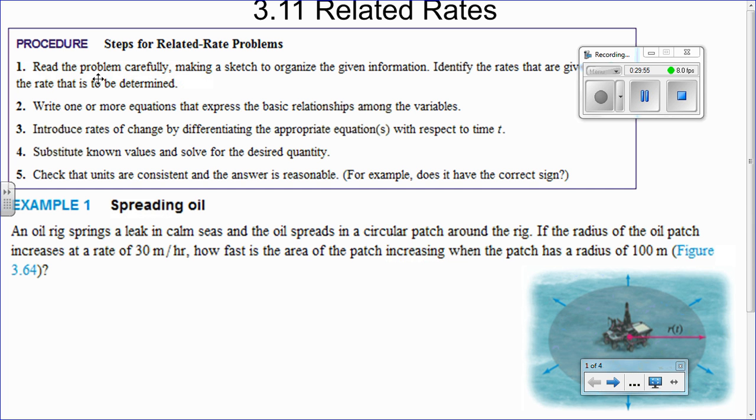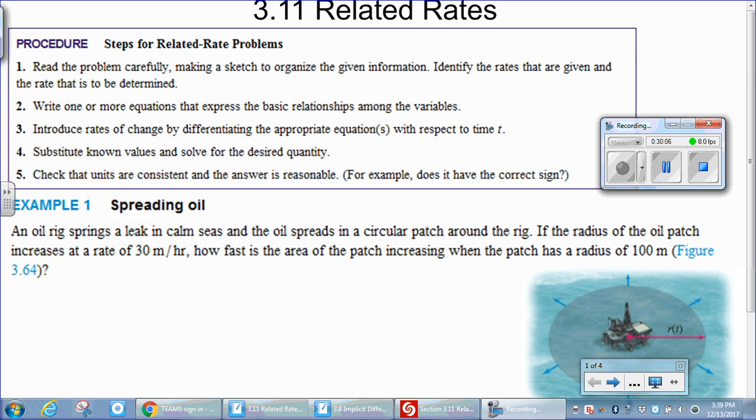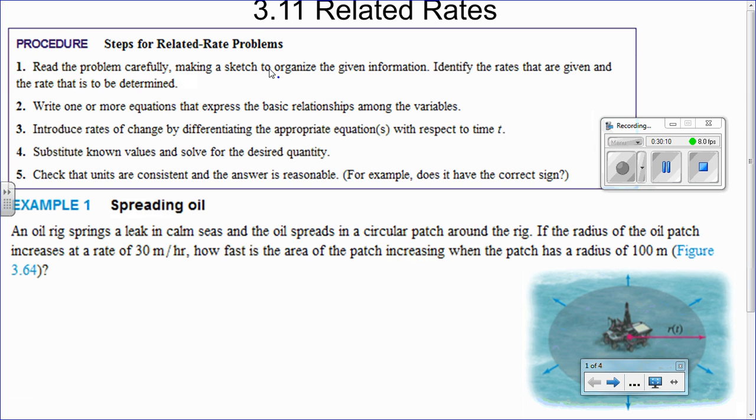Okay, so Eric, read number 1 for me, please. So the steps for related rate problems. Go ahead. 1. Read the problem carefully, make a sketch to organize the given information. Identify the rates that are given and the rate that is to be determined. Very good. Number 2. Write one or more equations that express the basic relationships among the variables.